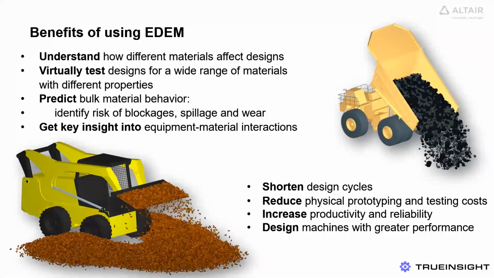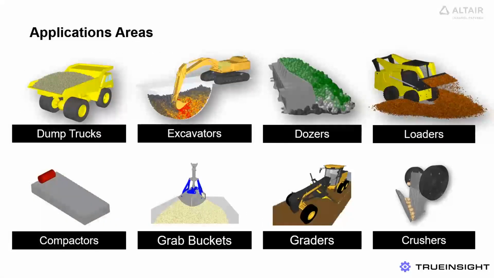Ultimately, this means that companies that are using EDEM are able to increase productivity and reliability and design machines and equipment with greater performance in a shorter time scale than those who don't. EDEM has a wide range of applications in many different industries. In construction and mining equipment design, applications for EDEM include any bulk material handling equipment, such as dump trucks, excavators, backhoe loaders, dozers, and skid steer loaders.